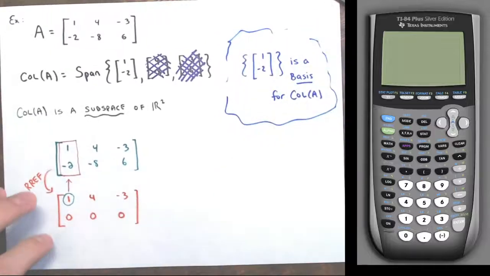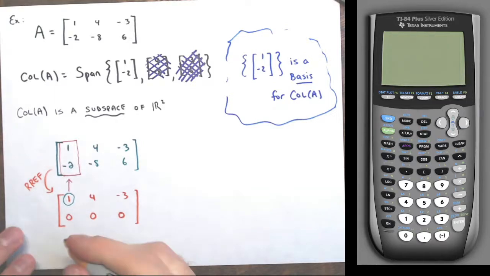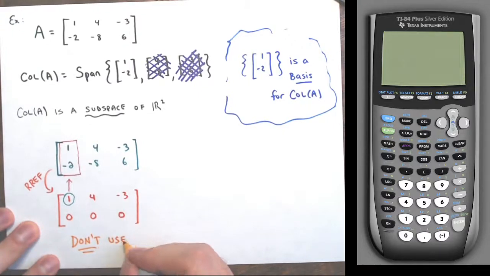Now, like I was saying earlier, don't do this. Let me show you. I'll write a don't. This is a mistake. So don't use the pivot columns from RREF as your basis, and here's why.